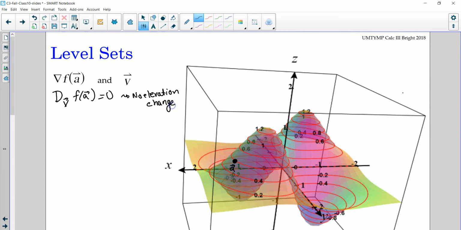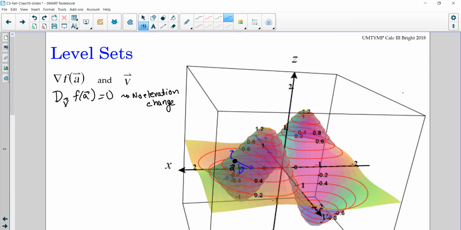Okay, so what that means for us is that if I'm looking at the directional derivative with respect to v and there's no elevation change, that means I am progressing along the level curve, in one of the two directions, I don't know which, but I'm going to call that v for our direction vector.